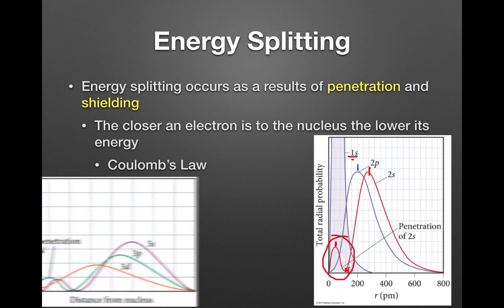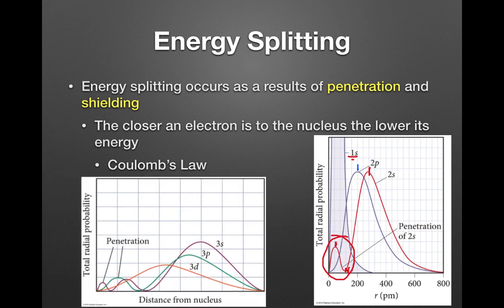We can expand that also to the n equals 3 orbitals, and again we see that the 3s maximum is farther out than the 3p, which is farther out than the 3d. However, because of penetration, the order of energy is actually the 3s is lower than the 3p, lower than the 3d.